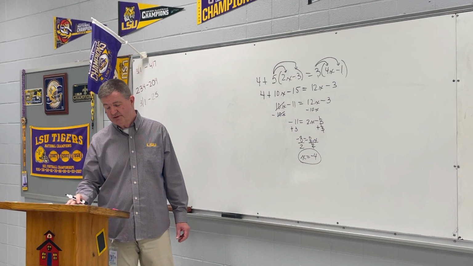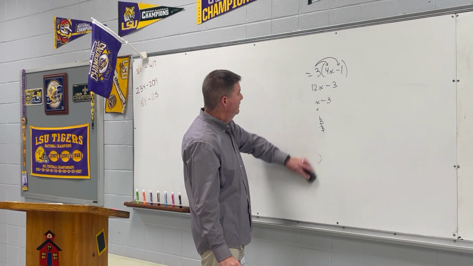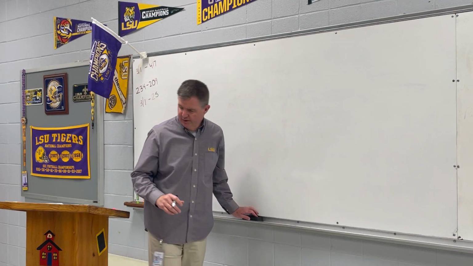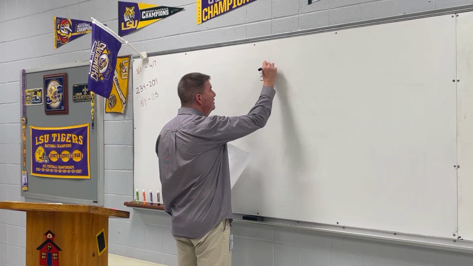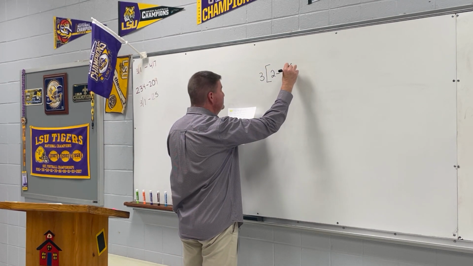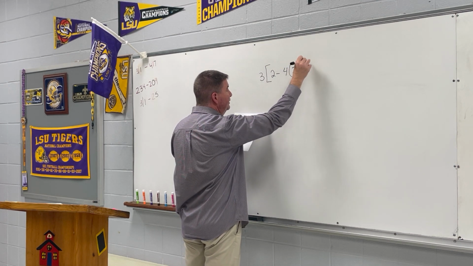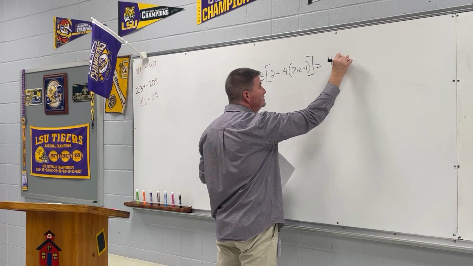I found one more, so we're going to try to do one more. A little bonus for you. This one here has 3 times, in brackets, 2 minus 4 times (2x minus 1). Close your brackets, equals 4x minus 10.